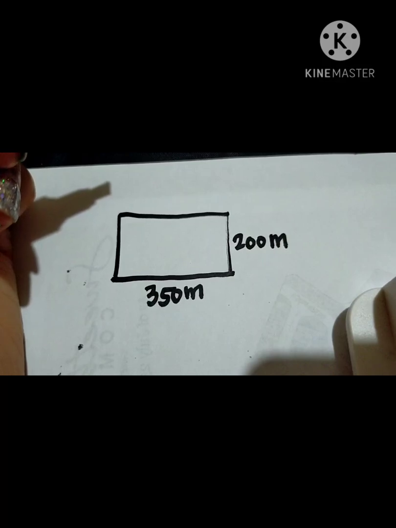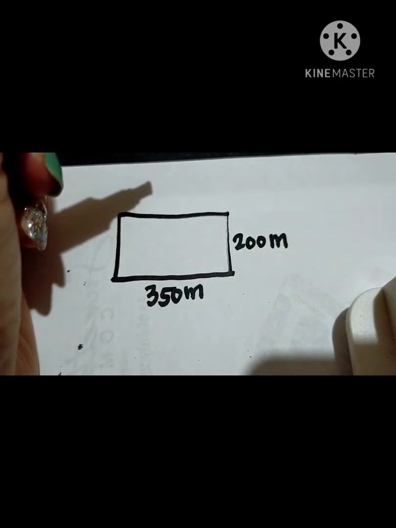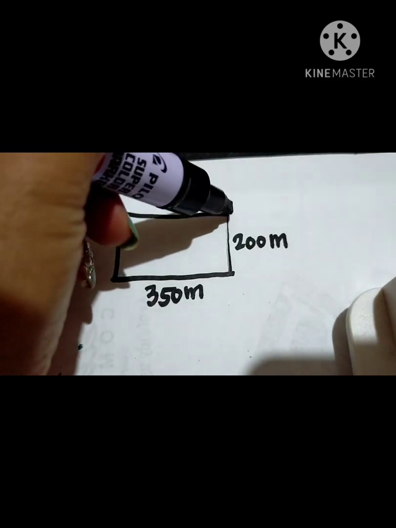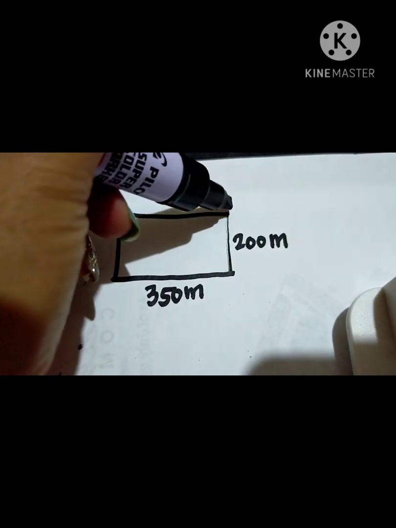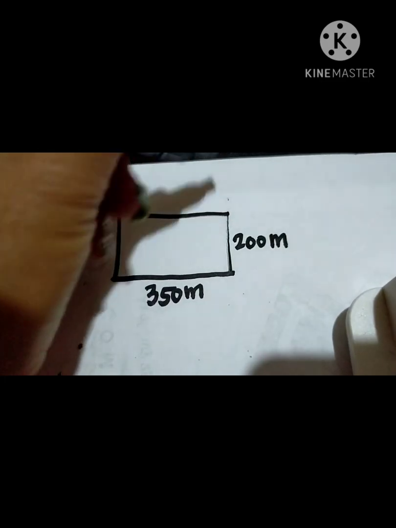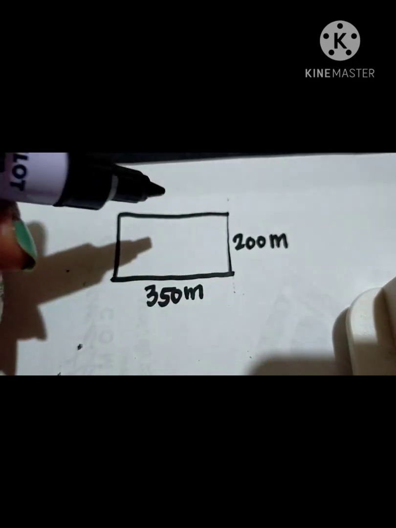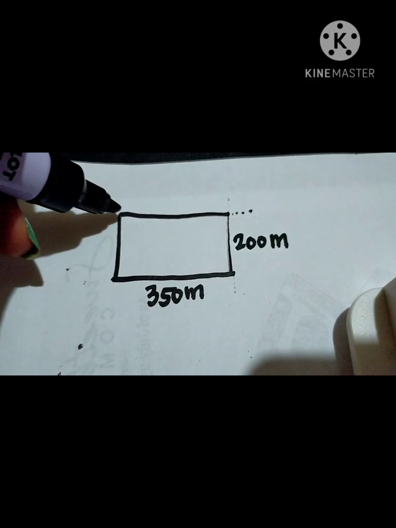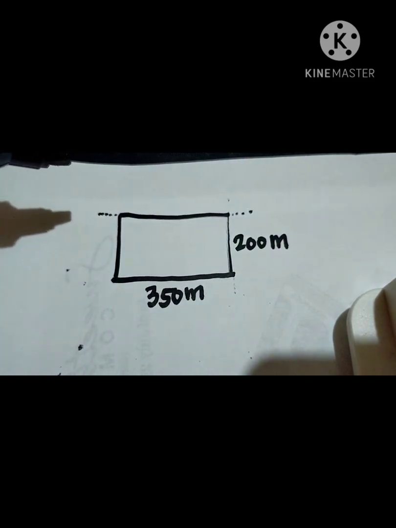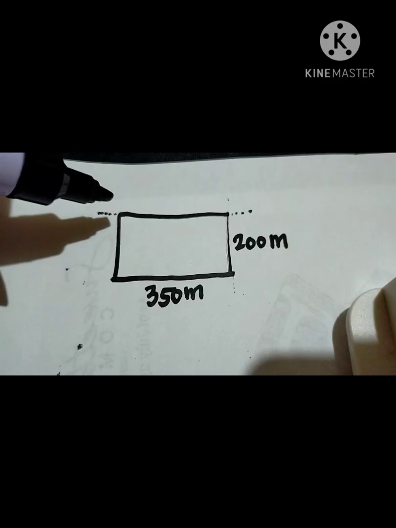Now, since it is surrounded by a pathway of uniform width, it is from this side, also this side, and this side and also this side, and we represent that as x.